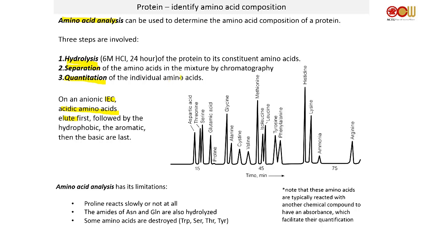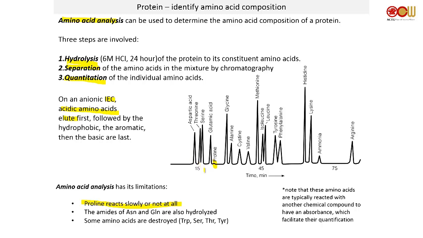Now, amino acid analysis has some limitations. For example, prolines react slowly or not at all. So prolines may be harder to see in this case. As you can see, proline has a very small signal.